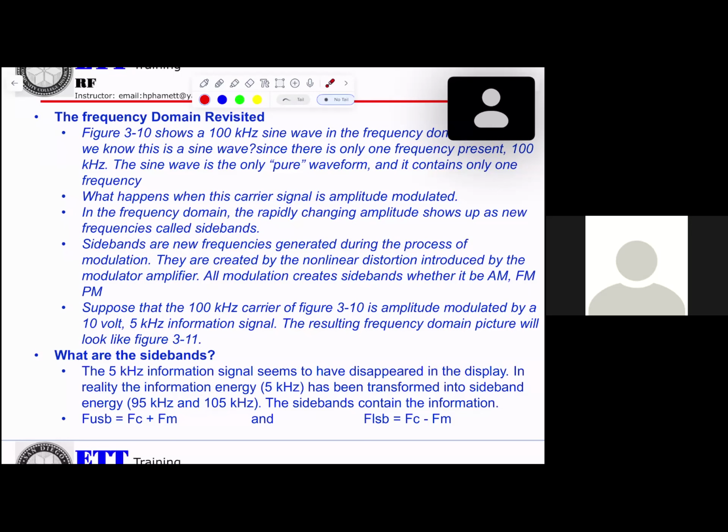In reality, the information energy at 5K has been transformed into sideband energy at 95K and 105K, lower and upper. The sidebands contain the information: upper sideband is FC plus FM, lower sideband is FC minus FM.